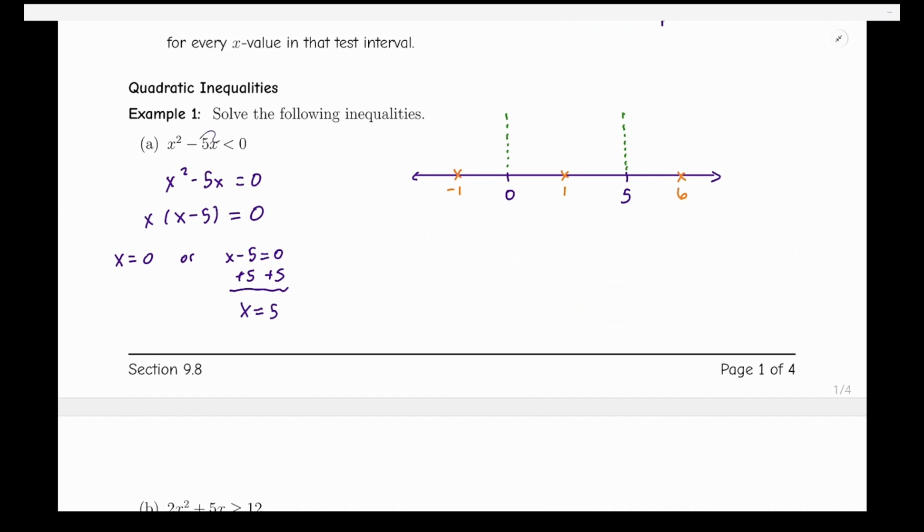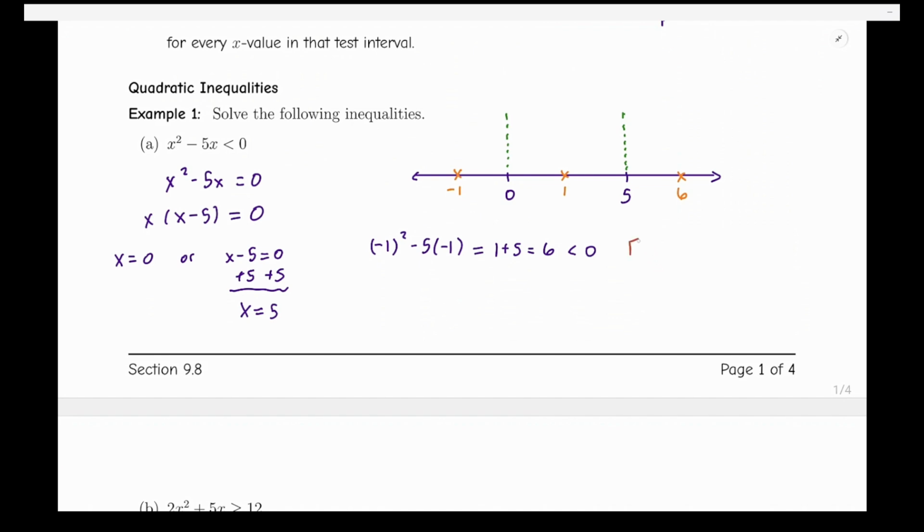So now let's plug in negative 1. Now you always plug it back into the original inequality. So we get negative 1 squared minus 5 times negative 1, which is 1 plus 5, which is 6. Is that less than 0?